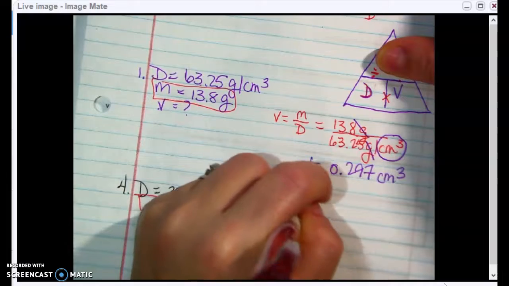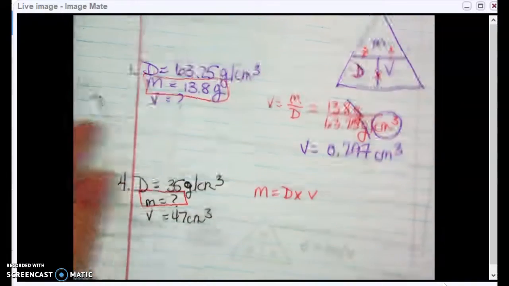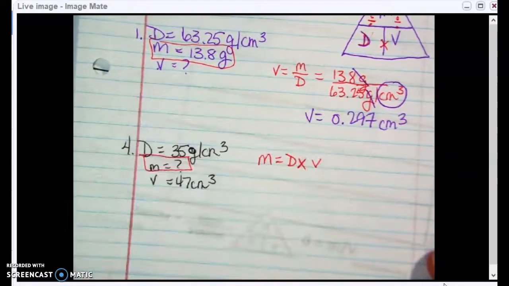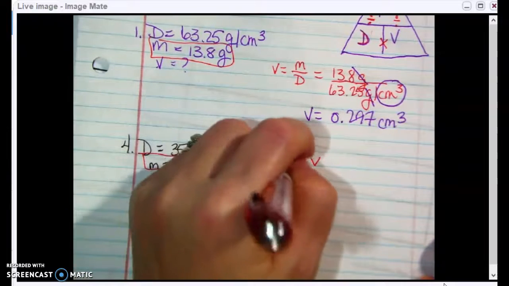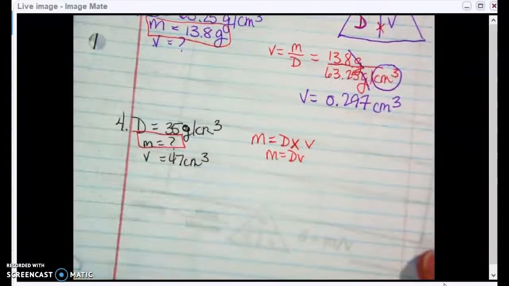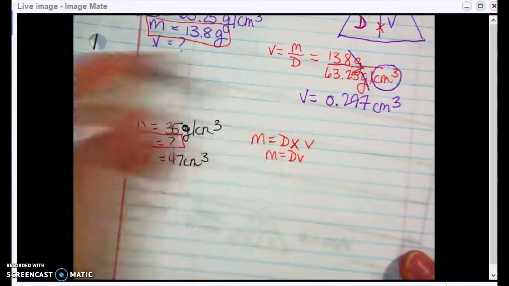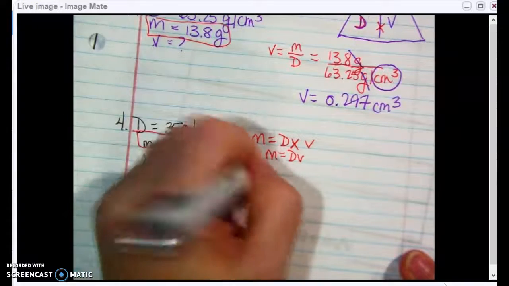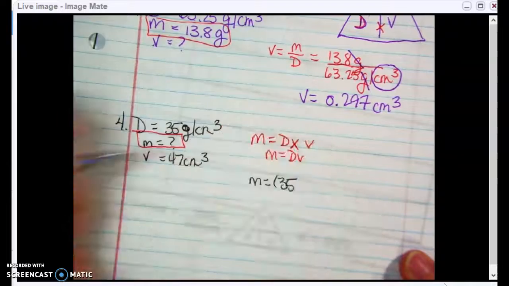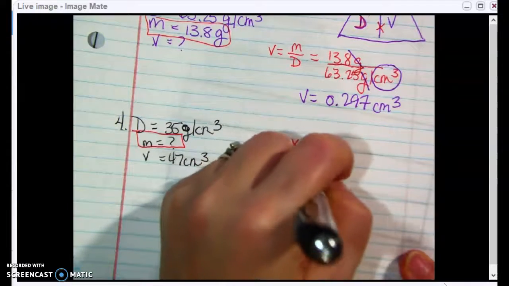You can do it this way, or you can just put them by each other. It's completely up to you. I'd get this confused as an X, but it's a multiplication sign, so I like writing it this way. It is really up to you how you write it, okay? So I'm going to figure this out. So just multiply the two numbers together. M equals D is 35 grams per centimeters cubed.